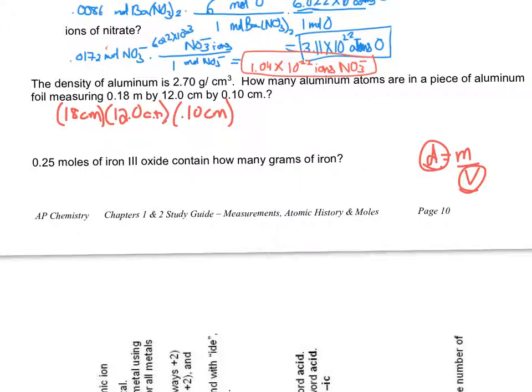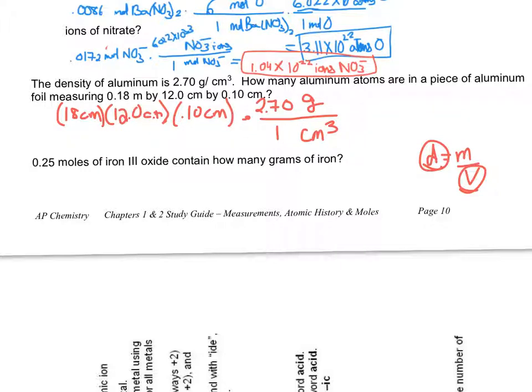I like to use my units to figure out where I'm going, and so I am just going to say, well, all of this is centimeters cubed, and so I will put centimeters cubed at the bottom to cancel, and I will put grams on top, and I know that it's 2.70 grams per centimeter cubed, so that means 2.70 grams for every 1 centimeter cubed.